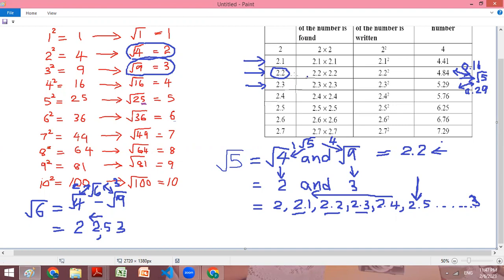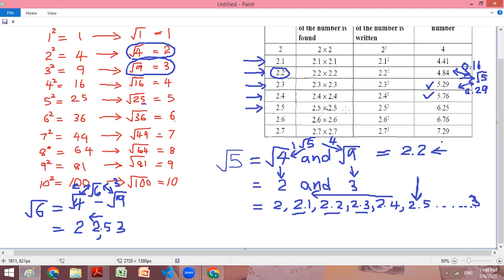We already know the square root of 5 is 2.2. Then we can start from the next one. 2.3 into 2.3, we know that is 5.29, not 6. Another, 2.4 into 2.4 is 5.76, close to 6.